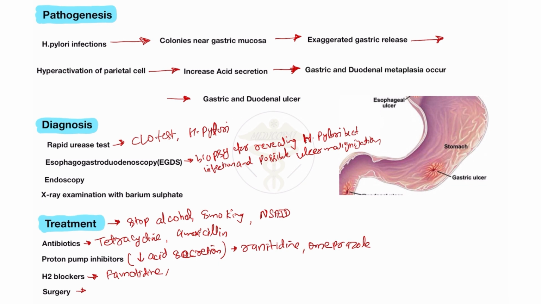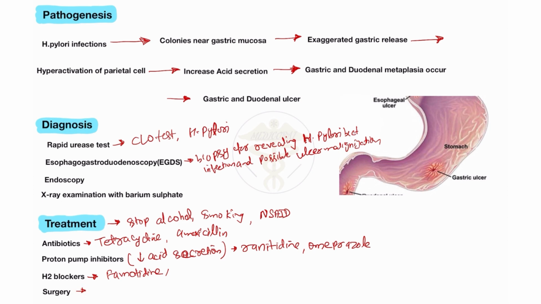Like you know, there are different parts of the stomach: cardiac part, fundus, body and pyloric part. So when an ulcer occurs in any different part, we try to remove that part where the ulcer progression occurs.